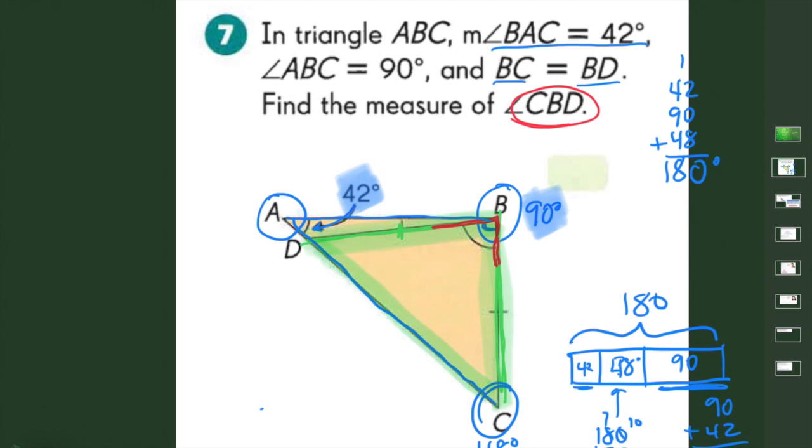Now we're looking at the smaller green triangle within that larger one. I see that it's isosceles because it told me that this side length and this side length are of equal length. And I remember that when I have an isosceles triangle, the angles opposite the equal sides have to be equivalent as well. So because this angle is 48 degrees, that tells me that this angle has to be 48 degrees.